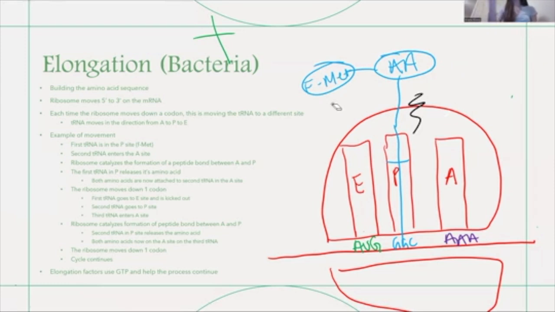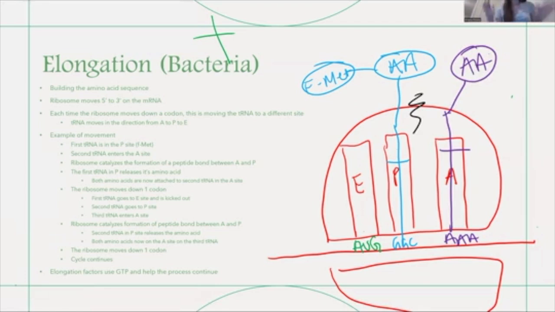So everything has just shifted over 1. Now our A site is empty again. So we can bring in another tRNA that would be complementary to AAA. So I'm going to bring in that tRNA. And this again is going to carry its own amino acid. So now we have something in P, we have something in A.